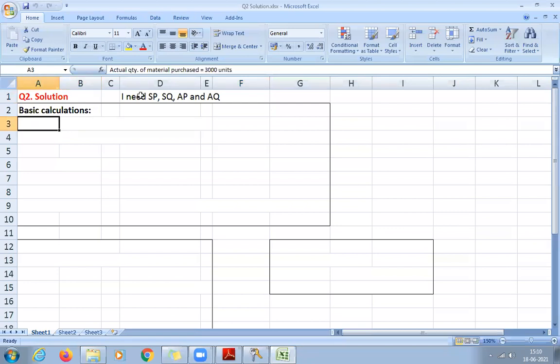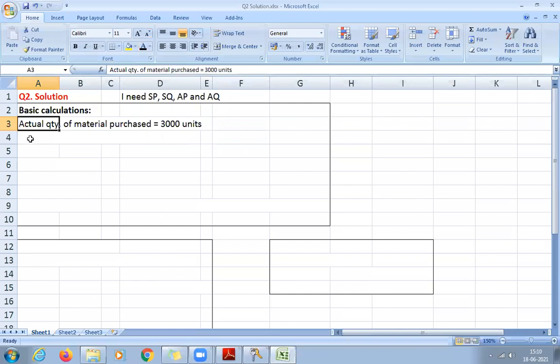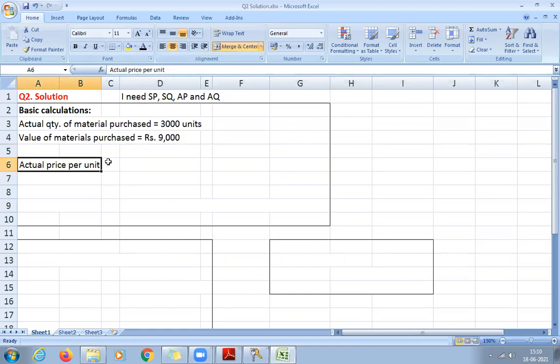For any problem, I need the standard price and standard quantity. I know the actual purchase is 3,000 units and the value purchased is 9,000 rupees. So how do we calculate the actual price? The value purchased divided by the quantity: 9,000 divided by 3,000 units.